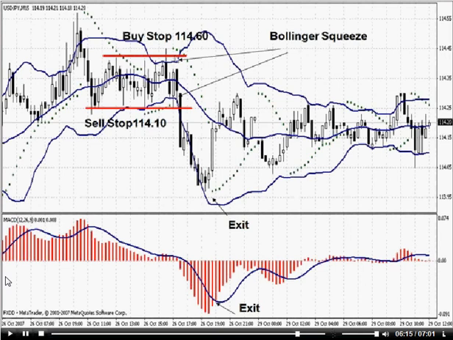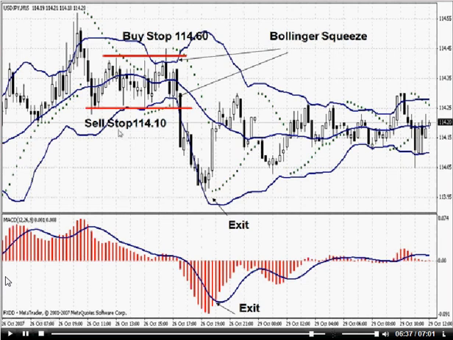Now, when there's a Bollinger Squeeze, it essentially means the currency is going to explode. It could explode either on the upside or on the downside. We are not sure which way. That is why you place a buy stop and a sell stop order. In this case, it exploded on the downside.